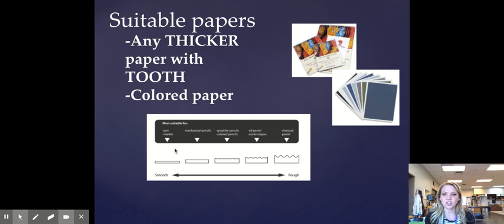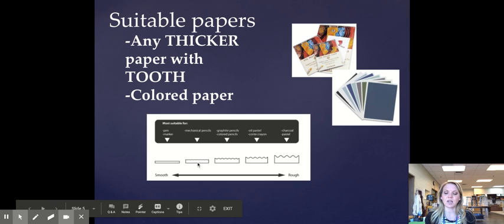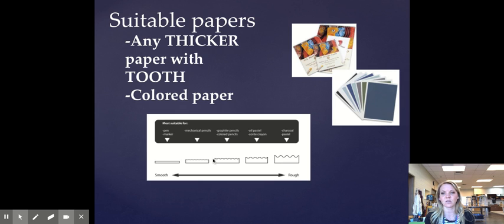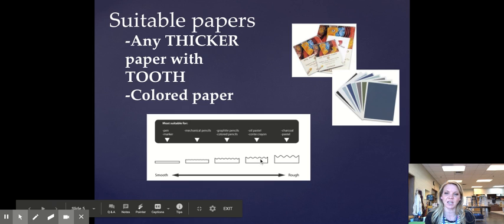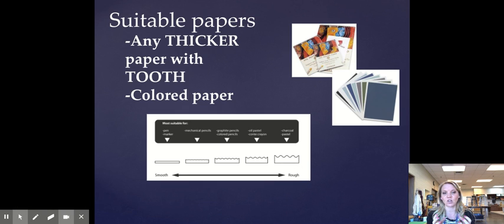This illustration shows you the difference of texture. Smooth papers are really good for pen and marker. As you get more rough, you start to use media like mechanical pencils and graphite pencils. Oil pastel is here on the rougher side. The roughest papers are the ones with the most tooth that can grab. You would want to use those for charcoal or pastels.